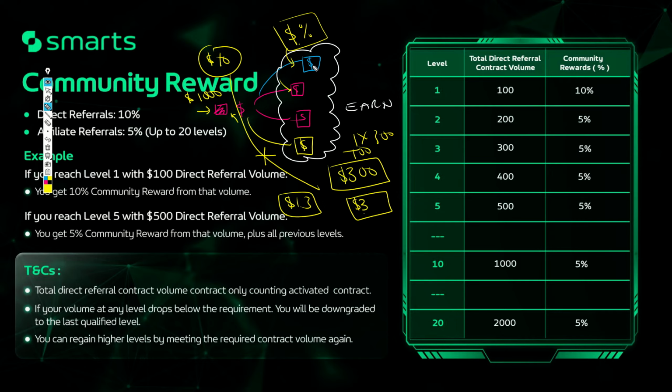Now, if your friend invites their friend, and the other friend here also invites the next friend, and the other friend here also invites the next friend, they are also getting direct 10% from their downlines.